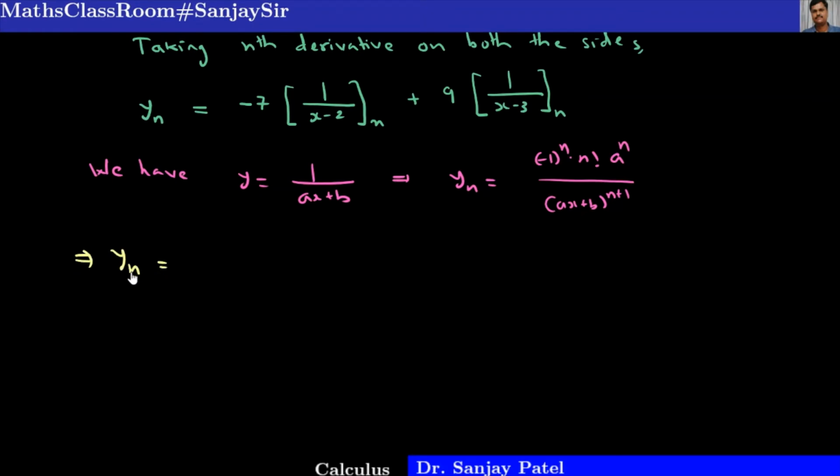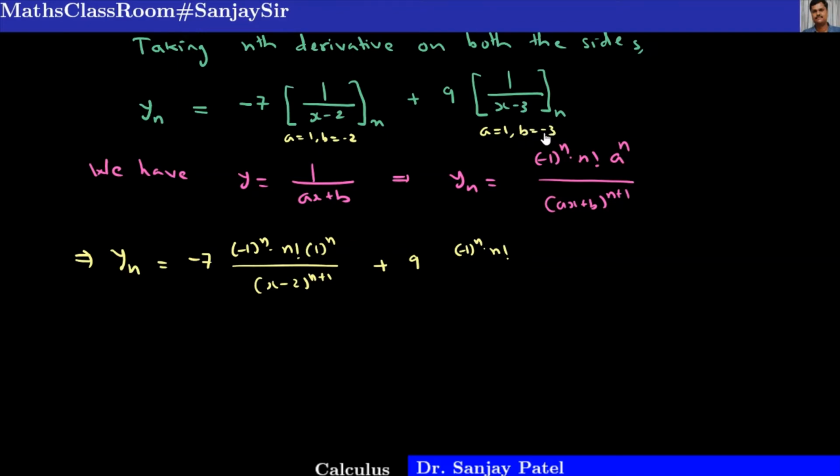So yn is equal to -7. We have here a equal to 1 and b equal to -2, so I can write this as (-1)^n n! into a, that is 1, so 1^n/(x - 2)^(n+1), plus 9 times (-1)^n n!. And what is a in this case? Here also a is equal to 1 and b is equal to -3.